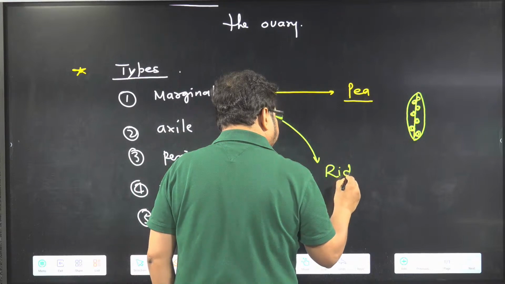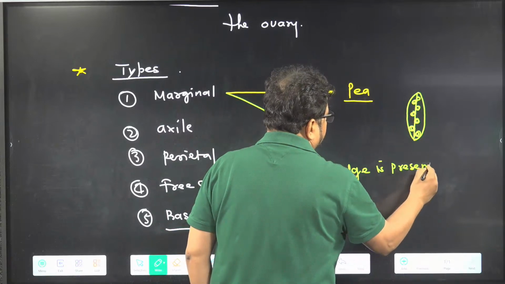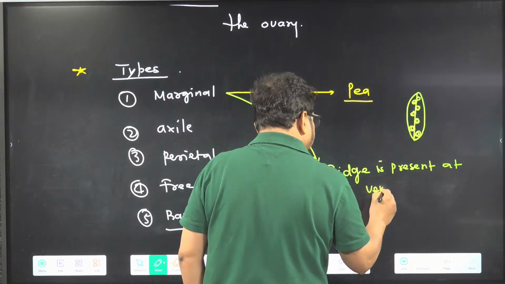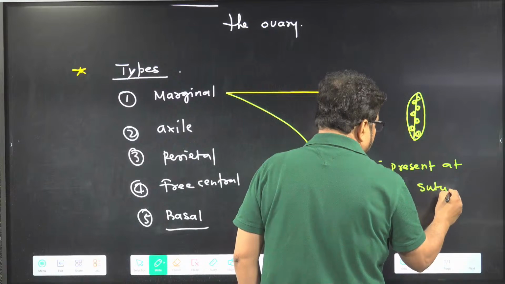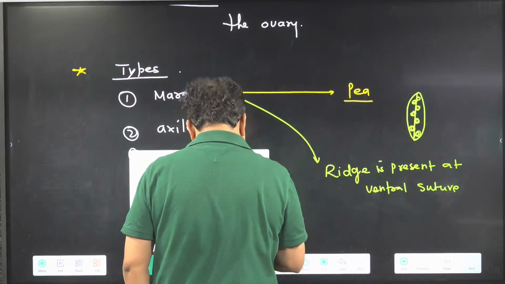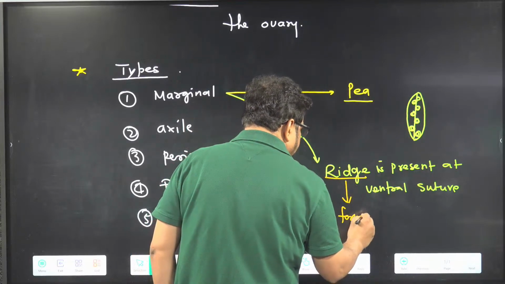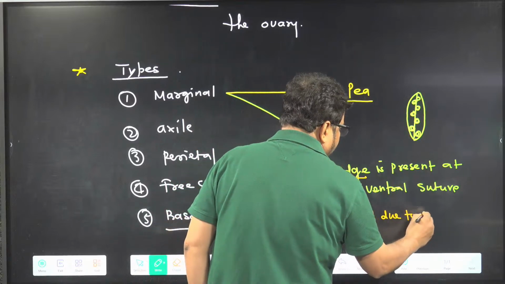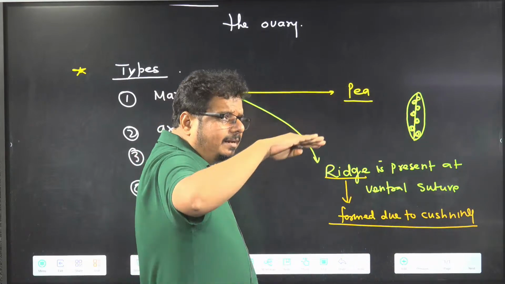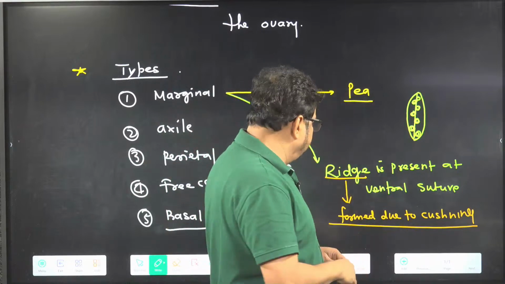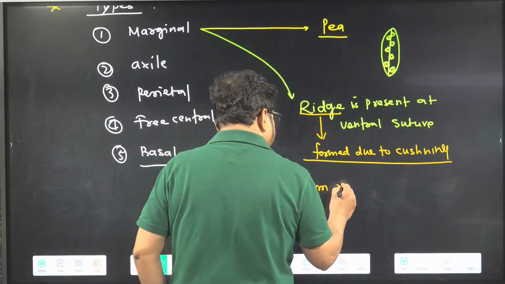So what characters do you have to keep in mind in the marginal placentation? A ridge is present at the ventral suture. And who is forming this ridge? This ridge is formed due to cushioning, because the placenta is attached, so they form a ridge.